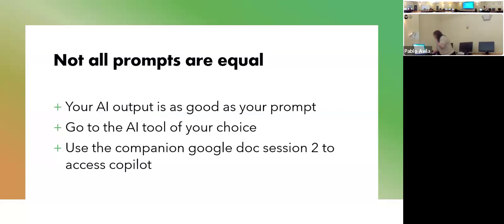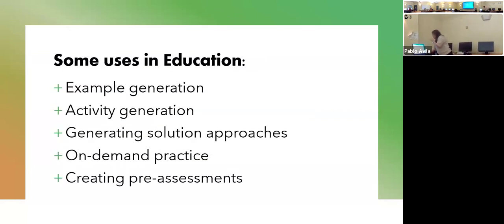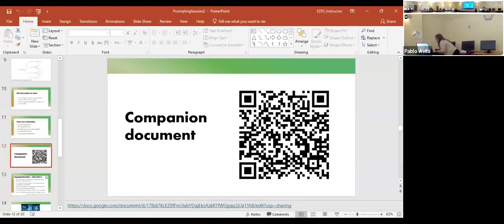I'll show you the QR code for what we're going to be doing for the document. If you use this QR code, you're going to have access to the companion document. And I'll show you what is in it in a minute. It's here, so you see what you're going to be loading up. This is session 1, so I think session 2.